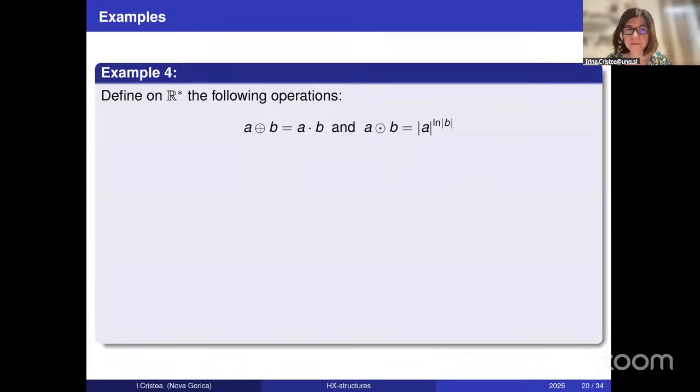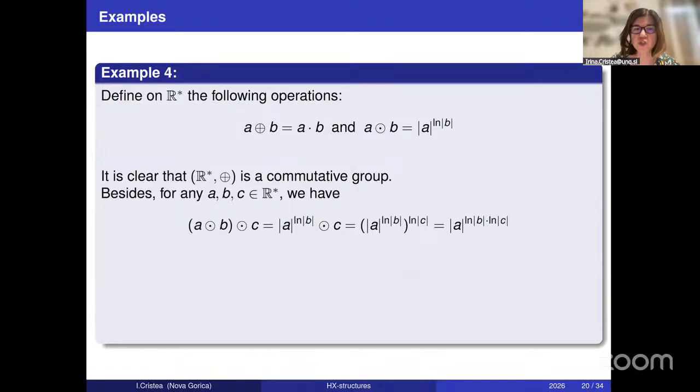This is another example, a more complex one, where the properties of the natural logarithms were used in order to fulfill all the conditions of a ring structure. The sum of two positive real elements is their classical product, while the multiplication is defined as the module of A to the power of the logarithm of the absolute value of B. This is a commutative group with the addition.